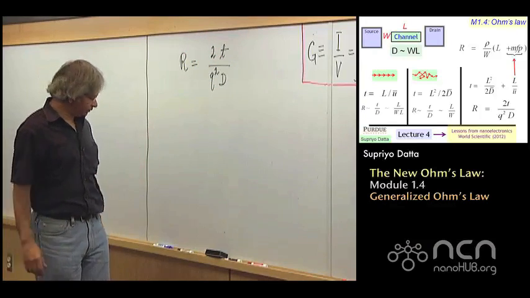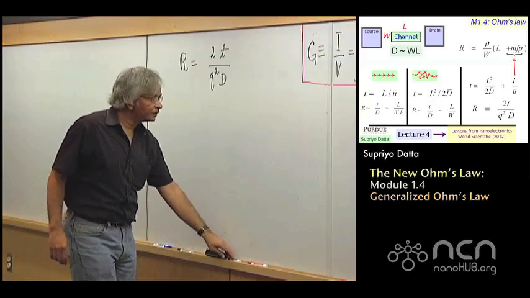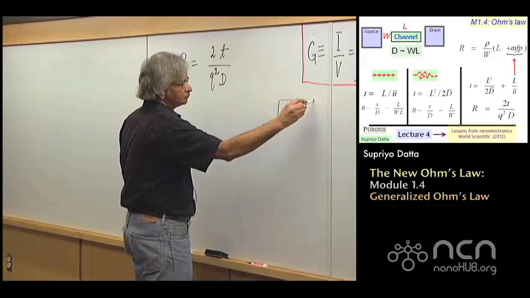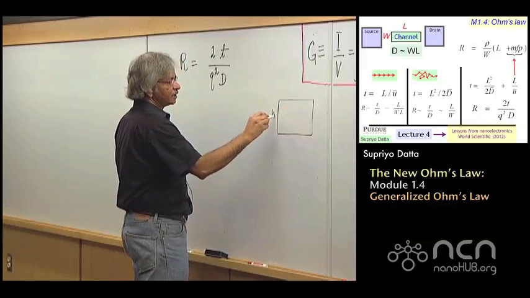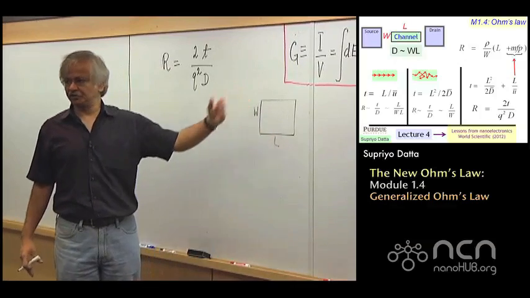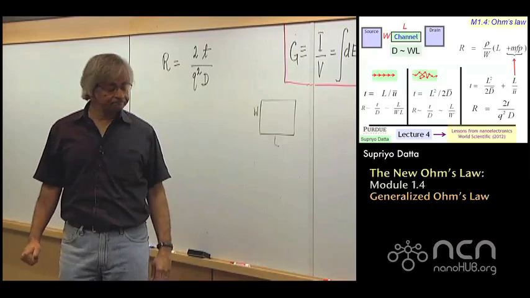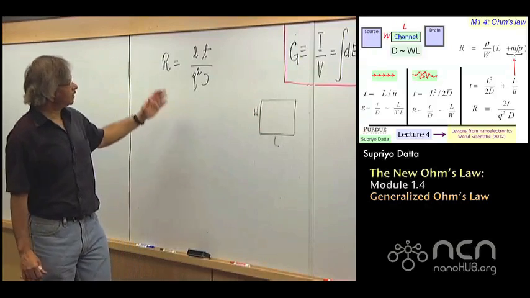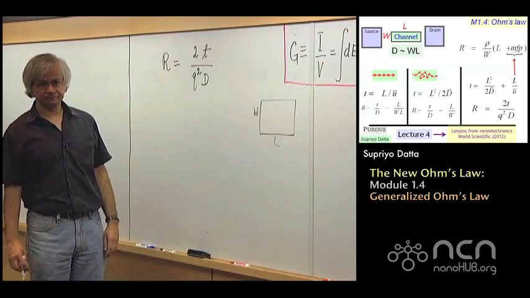Well, what would happen if we took a conductor whose width is W, length is L, and for this discussion you can just assume a two-dimensional conductor. And if I increase the length, how do I expect the resistance to change?